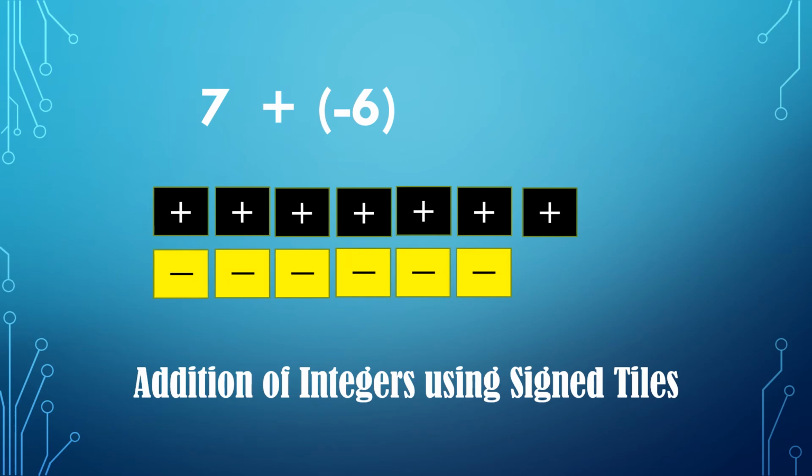Remember that a pair of a positive and negative tile is equal to 0. So we simply cancel them. There you go! We have cancelled 6 pairs, so we have 1 positive left. Hence, positive 7 plus negative 6 equals positive 1.